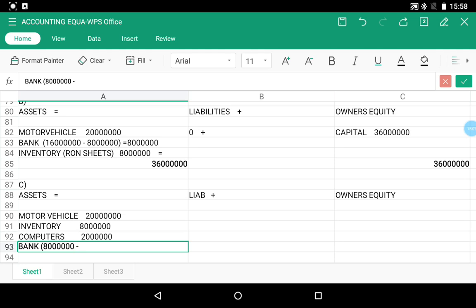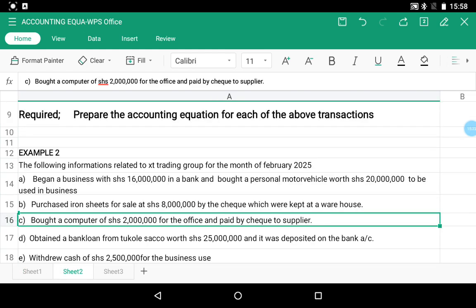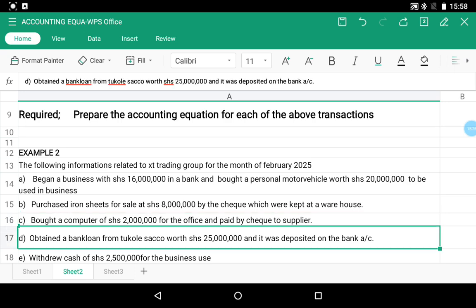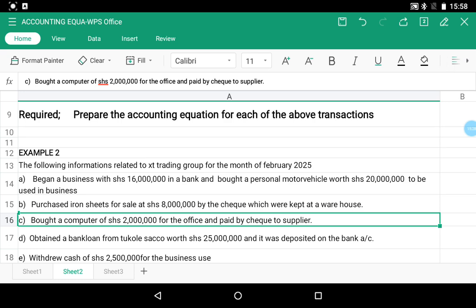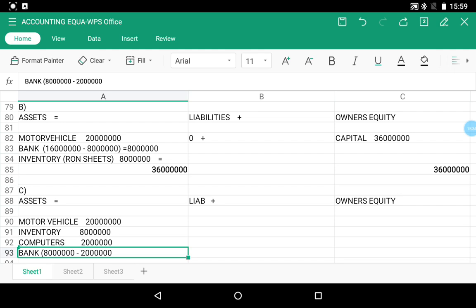We reduce 2 million, the amount we used to buy computers, because they have told us they bought a computer of shillings 2 million for office and paid by check. So that's why we are removing it from bank.